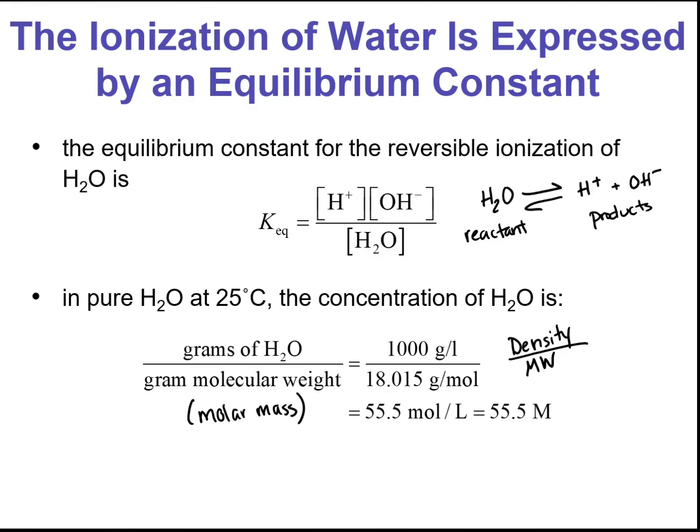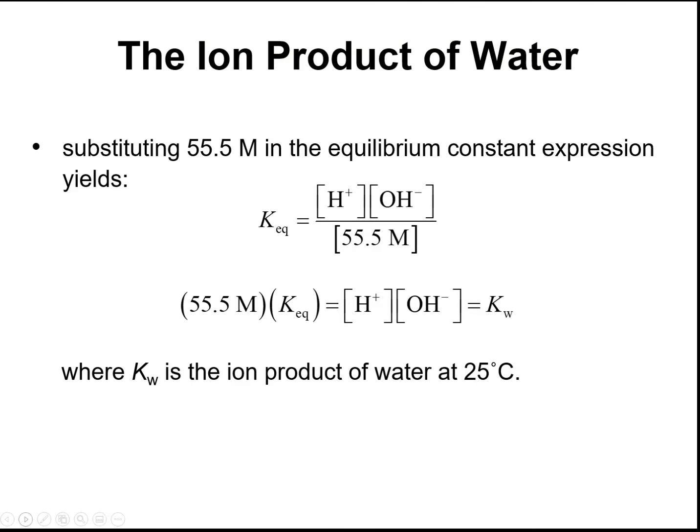Biologists like molecular weight, chemists like molar mass. They're the same thing. You can calculate that and then substitute it into your equation. So instead of having the brackets with H2O, we now have water in there.